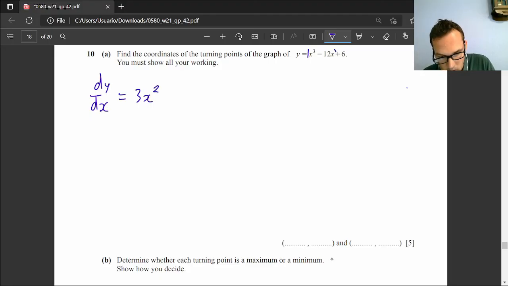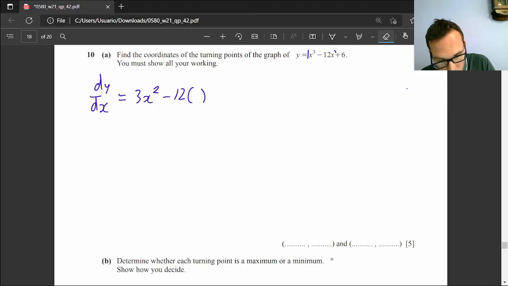Next, imagine there's a little 1 up there. 1 times minus 12 is minus 12. x to the power of 1 minus the 1 there is x to the power of 0. Anything to the power of 0 is 1. 12 times 1 is 12. So that x can just fall away. Okay, so there we go. Get rid of those brackets. Next thing we know is that the gradient at the turning point is 0, so we can set this equal to 0.